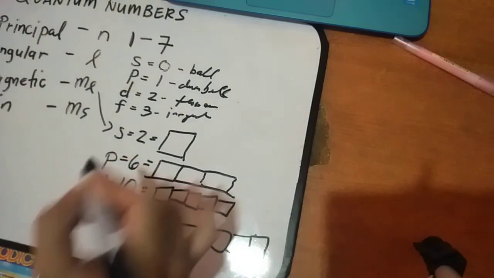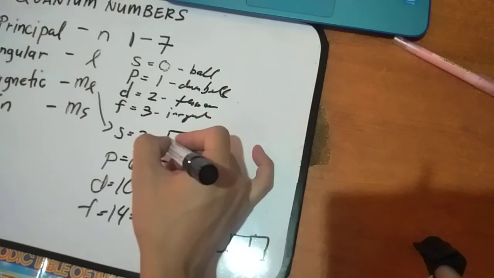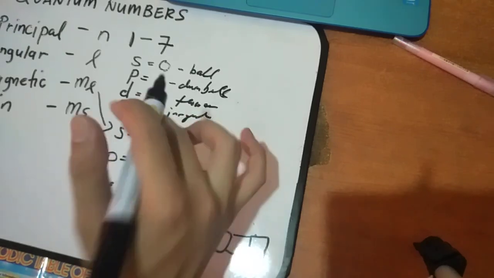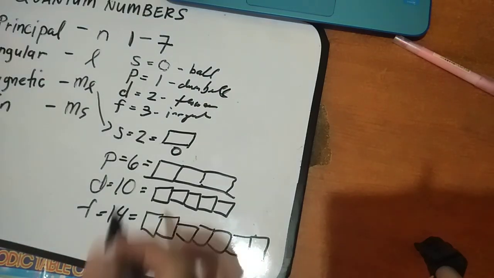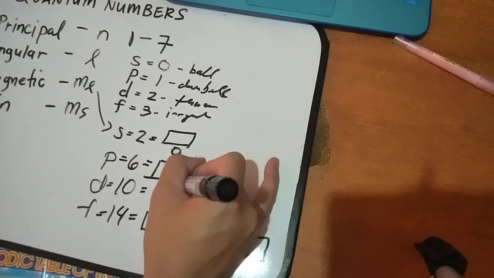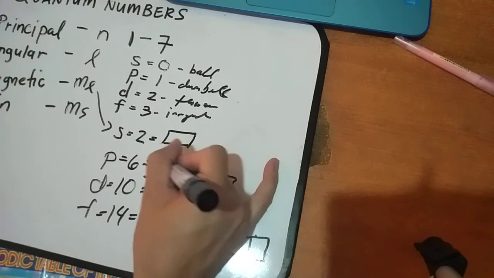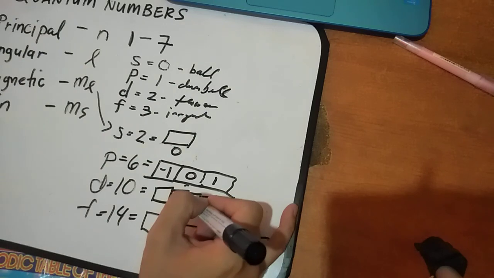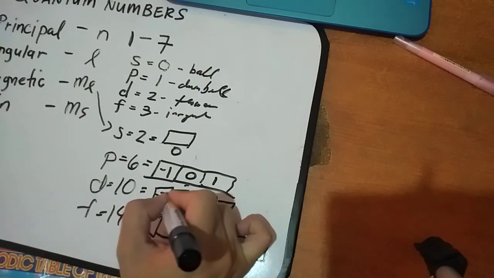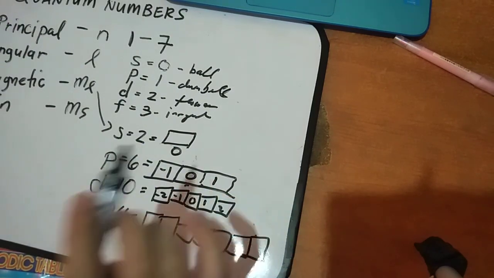So, S has the value of 0. And then dito sa P, ano na yung magiging value niya? The values here would be 0, negative 1, and 1. Sa D, 0, negative 1, negative 2, 1, and 2.